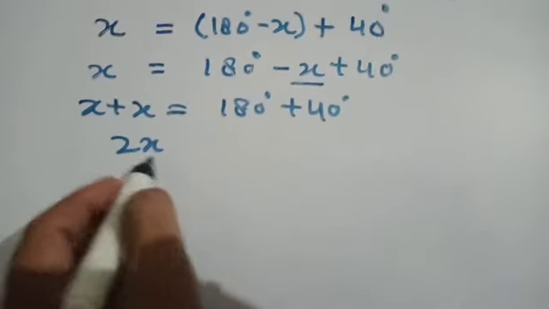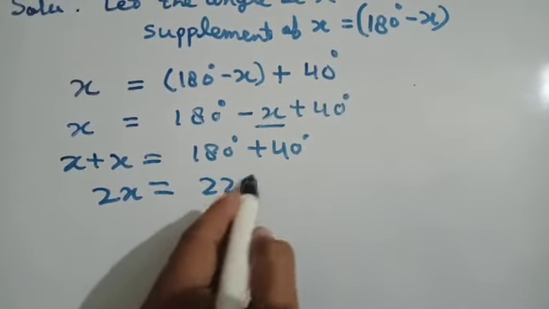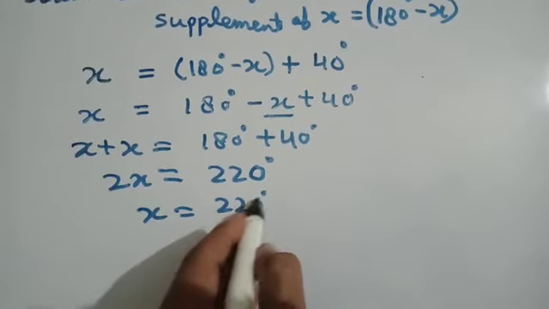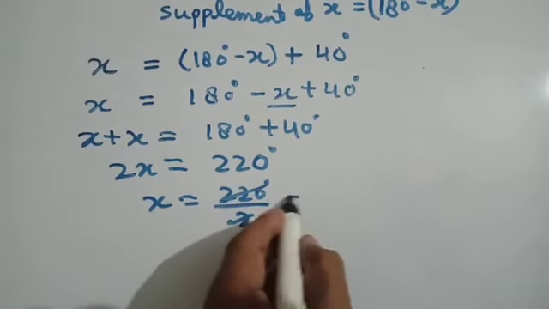2X is equal to 220 degree, then X is equal to 220 degree upon 2, that is 110 degree.